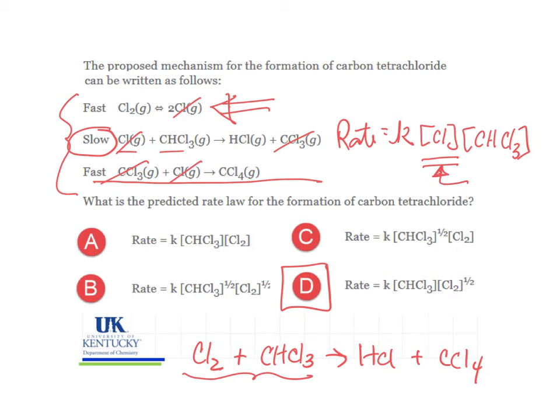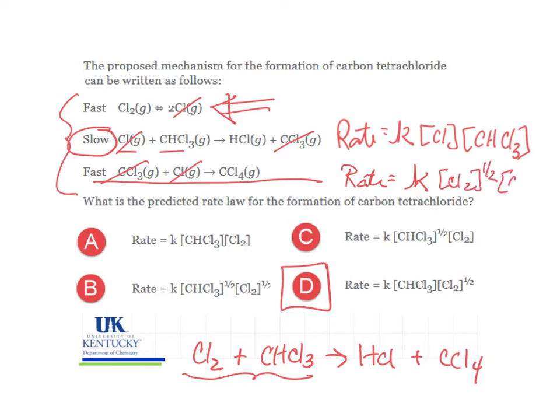So where I saw the Cl, I am going to put in the substitution. Rate is equal to k times the other k, which is still a constant, and I'll just continue to call it k. And instead of the Cl, remember we had the Cl2 to the 1/2 power.